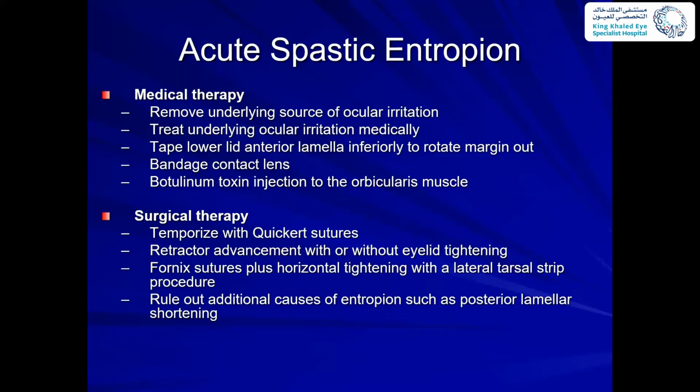Surgically, we can do a quicker procedure as a temporizing measure. And if we remove the irritating factor and there is still entropion due to laxity, we'll do what we explained before for involutional entropion correction.